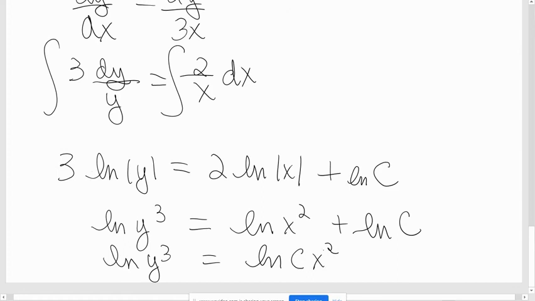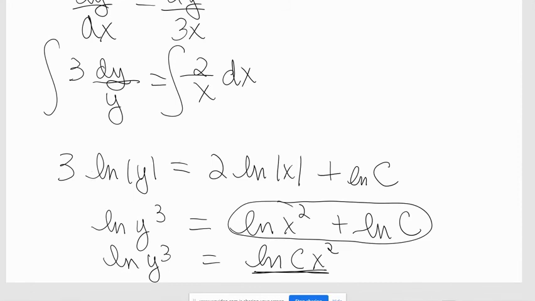Just a reminder, using the properties of logarithms, multiplication can be changed to addition. So this is a contraction. When we were doing logs earlier, we expanded and we contracted. In this case, we're contracting.